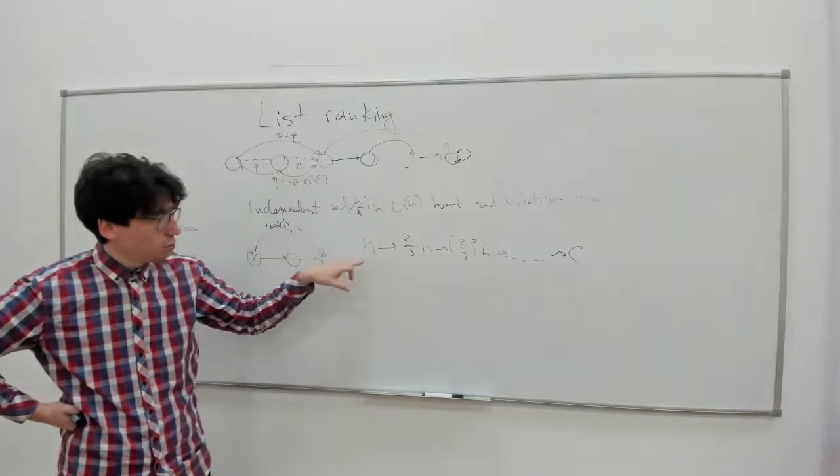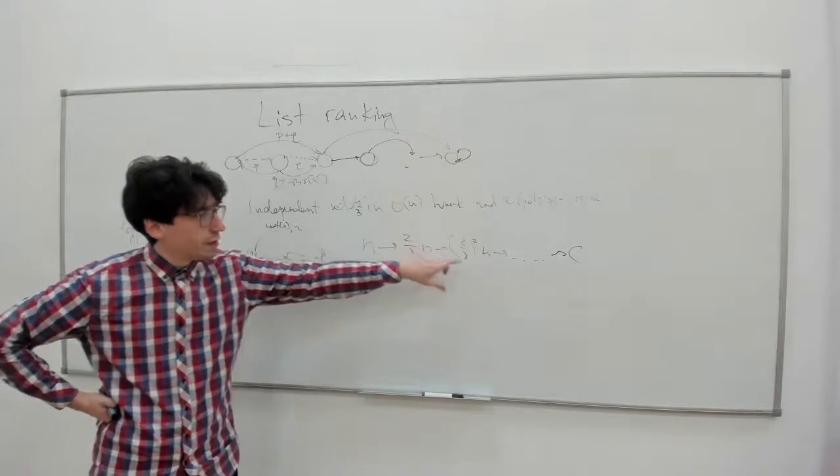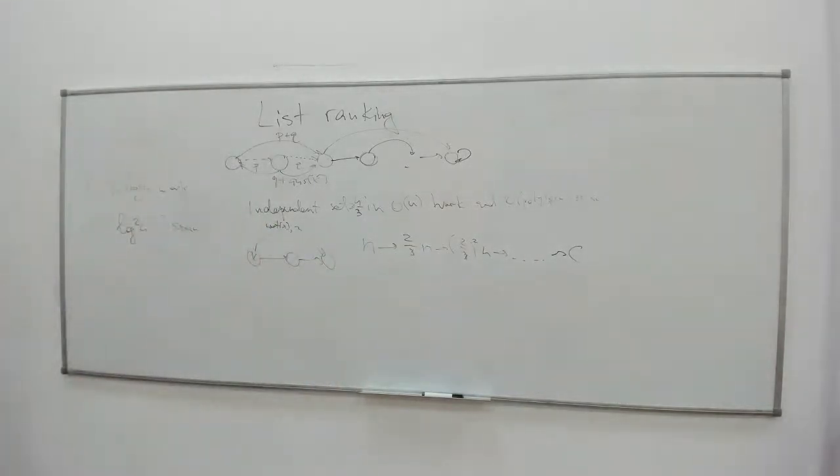So your total work will be n plus 2/3 of n plus this, and so on. We can just use the master theorem. It's linear, I think. The span is still an unknown mystery, but it is polylogarithmic in n.